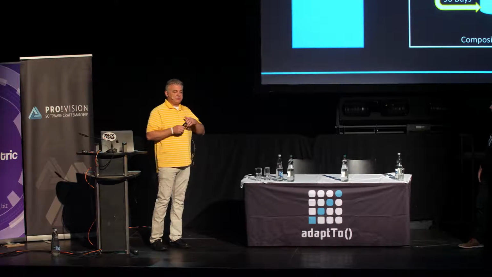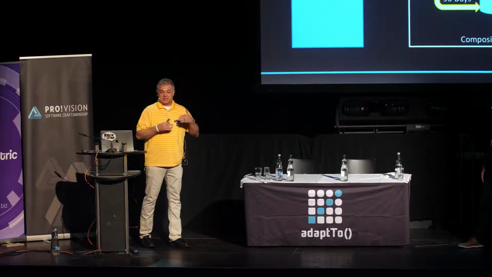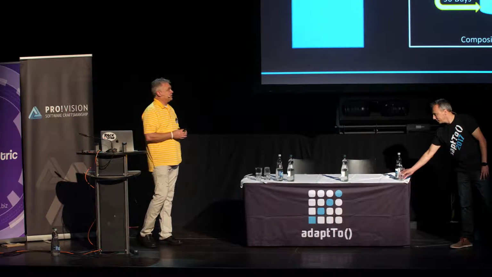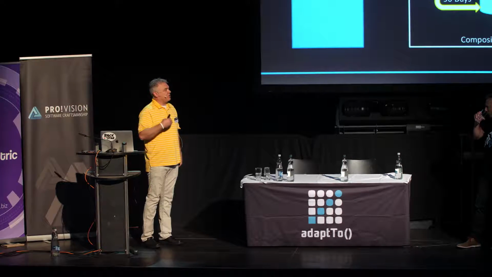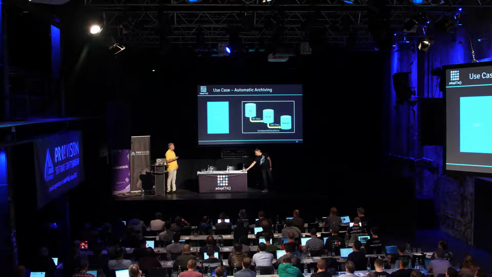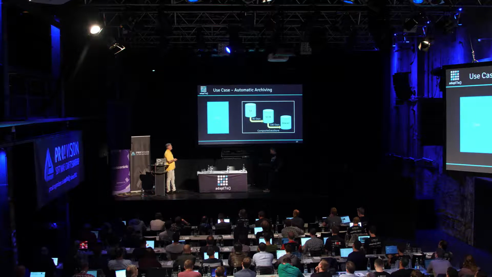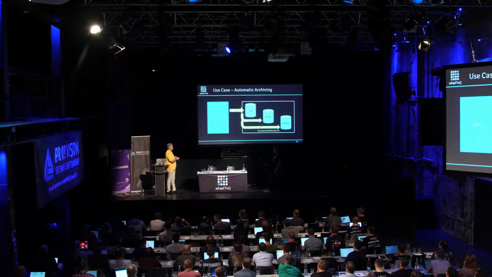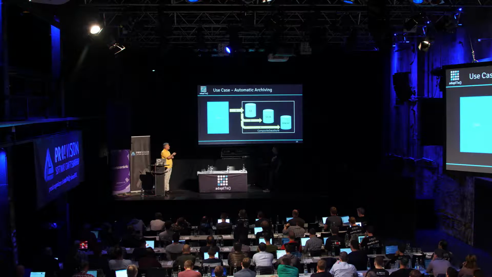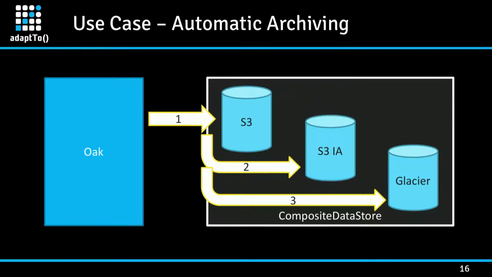Now, in order for this to work with the composite, we would need a Glacier data store, which we don't have yet, and I don't currently have concrete plans to do something like that. But let's say we had a Glacier data store. So in this case, how that would work with the composite is you'd have 3 delegates, and when a request comes in for a resource, Oak would ask the composite, and it would look first in the primary, the hierarchy.